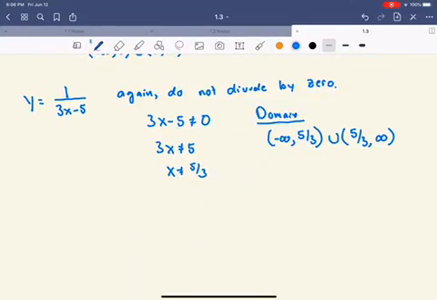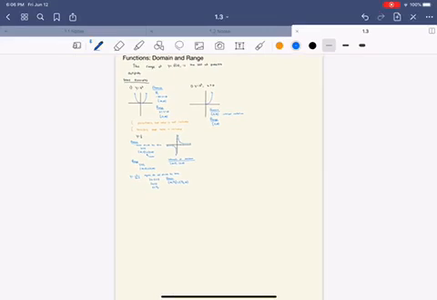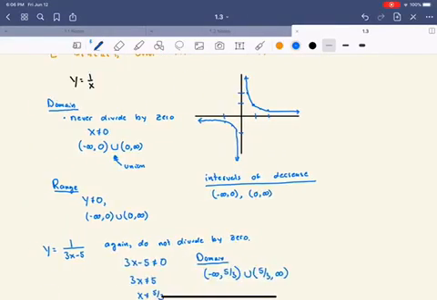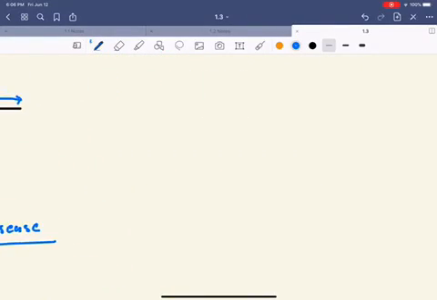All right. Okay, let's just check it to see how much space. Oh, plenty of space. Okay, let's do another one. Let's take y equals the square root of x. Remember, square root, you cannot have a negative under the square root.